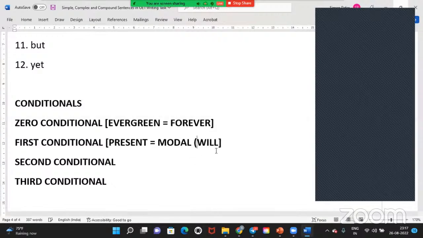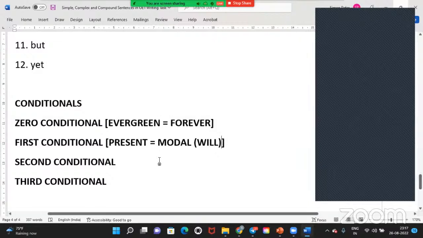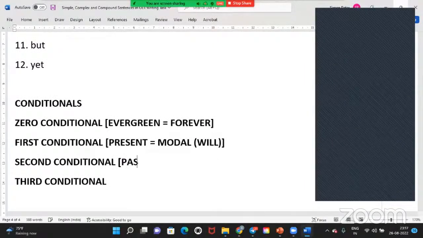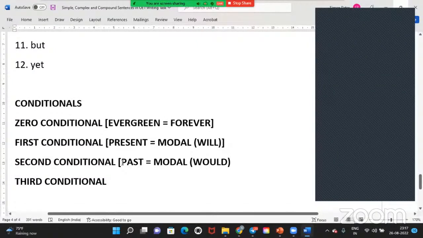So tomorrow I'll teach you. If you come, I will help you. That is it. Then here it is the past. Past simple is equal to modal would. If he came, I would help him.